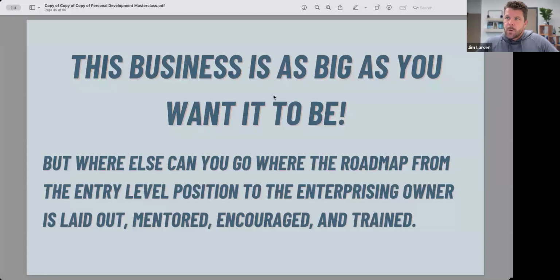Most places you'll never even have that opportunity. In others, where it exists as a possibility, you're going to have people stepping on you, competing with you, clamoring over you, pushing you down, certainly not helping you get there. Here, you walk in the door day one, and your pathway, everyone here wrote enterprise, enterprise, enterprise.